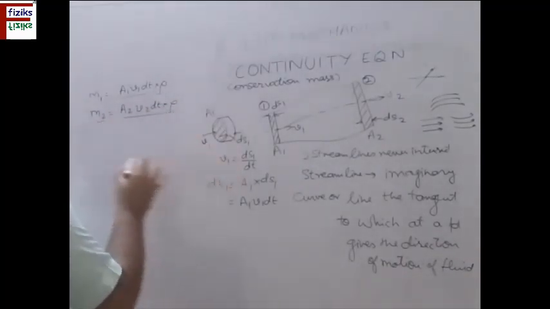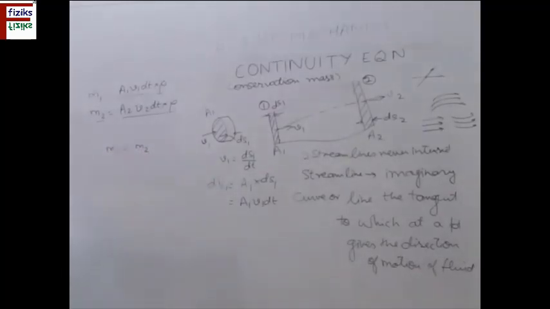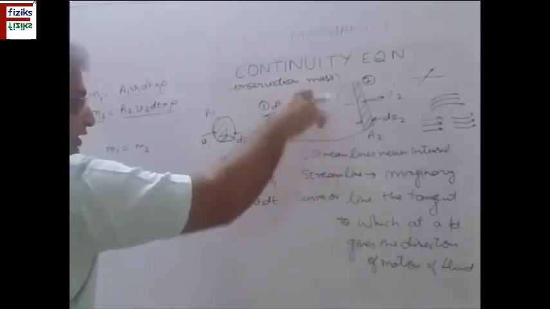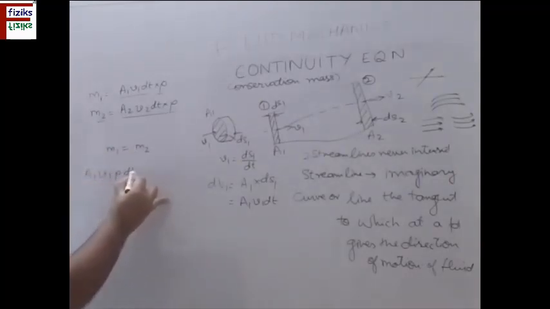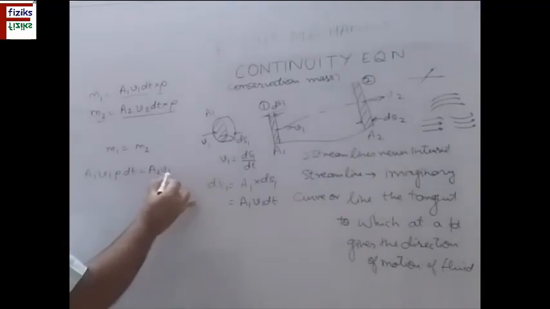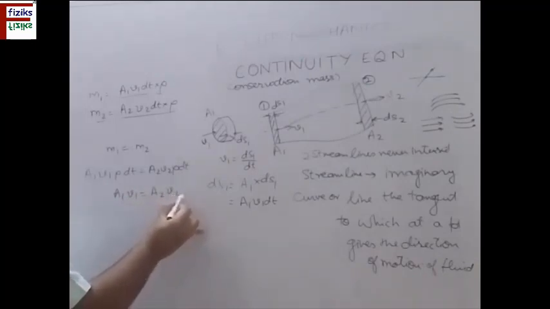So conservation of mass is mass entering equal to mass going out at any time. There is no storage of mass in the system. Now we can write A1 V1 rho dt equal to A2 V2 rho dt. So this gives A1 V1 equal to A2 V2.